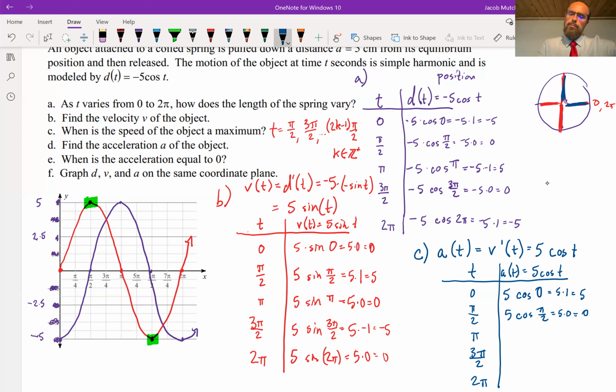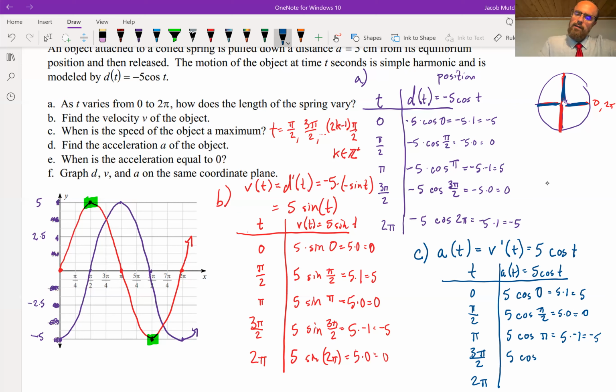At this point, you can probably start to predict what the values are. Now we'll plug in pi, 5 times cosine of pi. So pi is over here in between quadrants 2 and 3, so it's a negative x value. Cosine at pi is negative 1. 5 times negative 1, negative 5. What's the next output, do you think? Use those patterns.